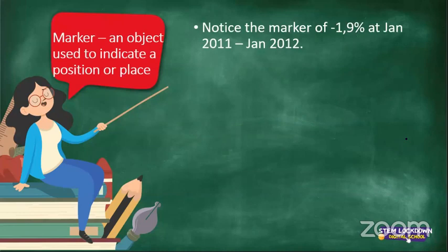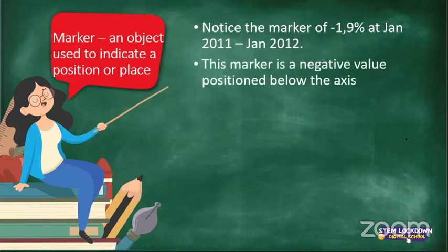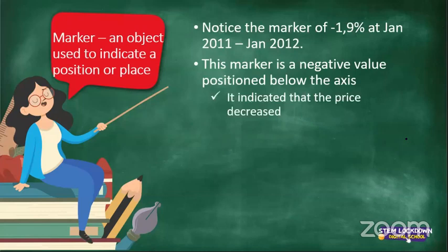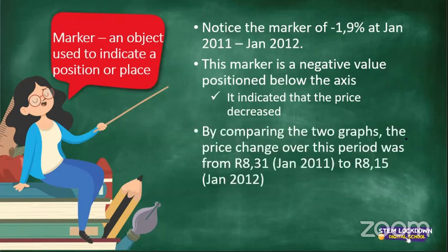The marker of negative 1.9% at January 2011 to January 2012. This marker is a negative value positioned below the axis. It indicated that the price decreased, and by comparing the two graphs, the price change over this period was from 8 Rand 31 to 8 Rand 15.